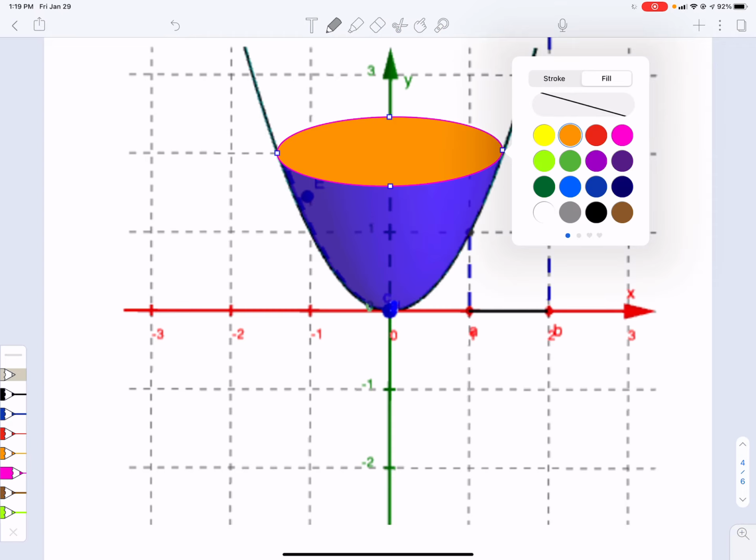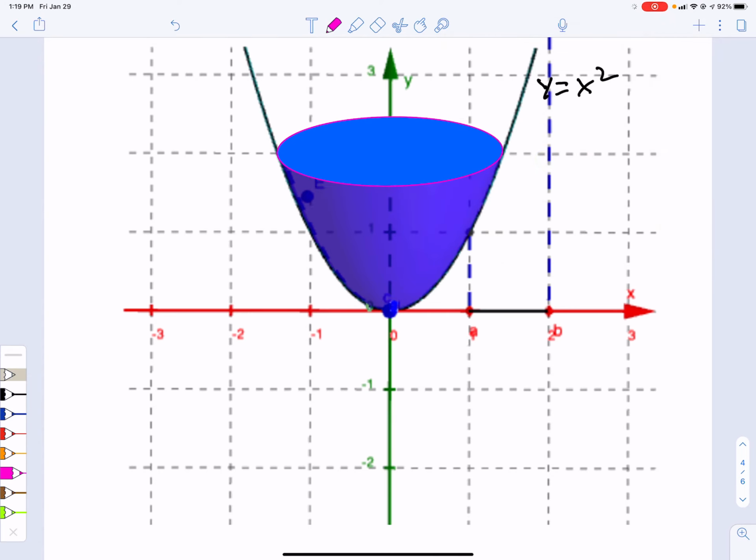And let me fill the inside different. Let's fill it with a baby blue. So there's our first disk. And then we're going to have a bunch of those.